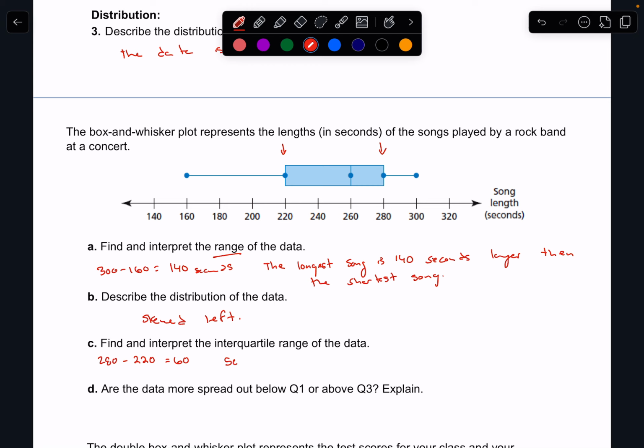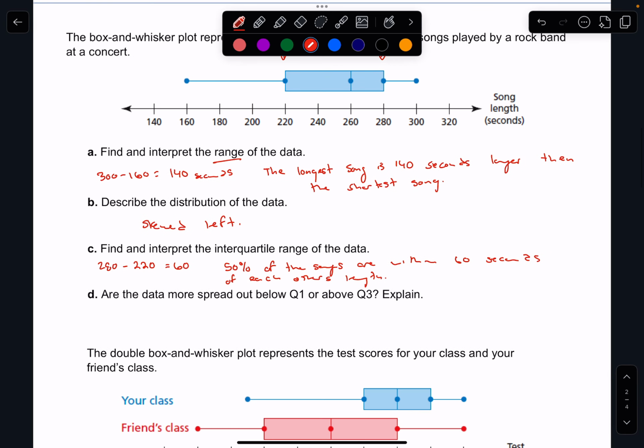I like using the box. 50% of the songs are within 60 seconds of each other's length. And you could even say the middle 50% of the songs. There's lots of different ways you can say it as long as you're putting it in context of the math, like the situation that the math is talking about, okay?